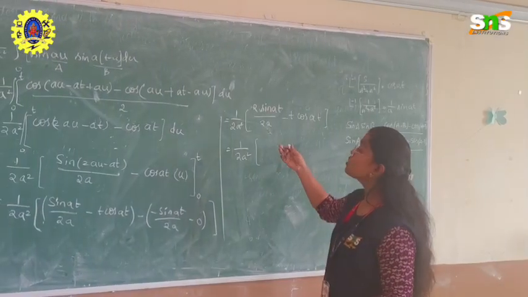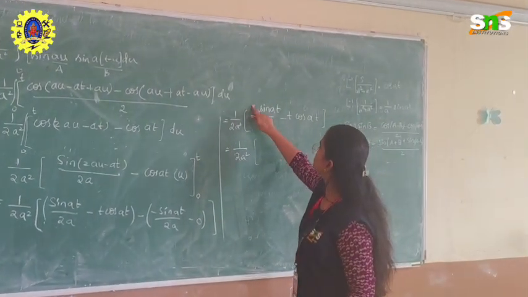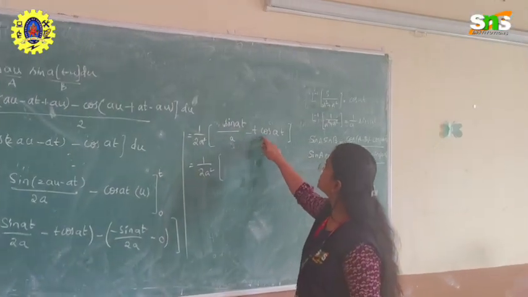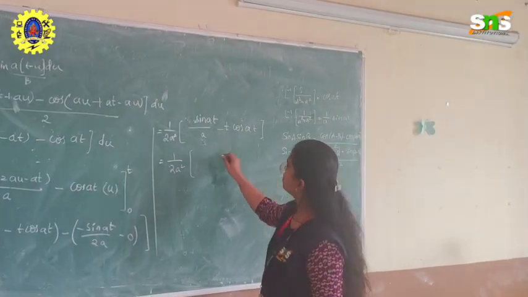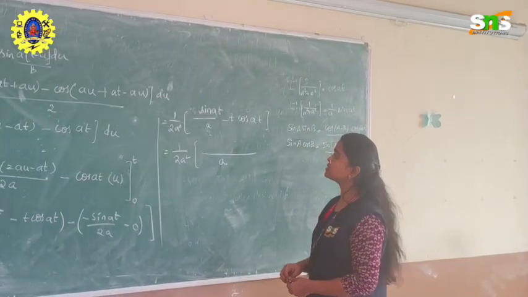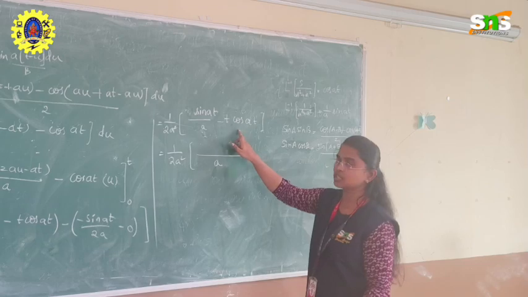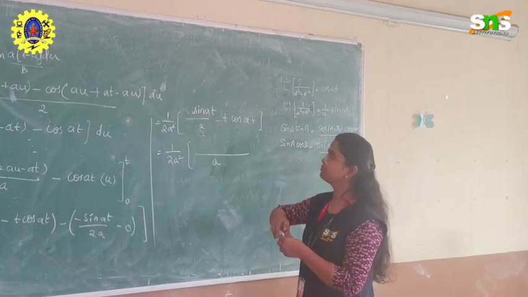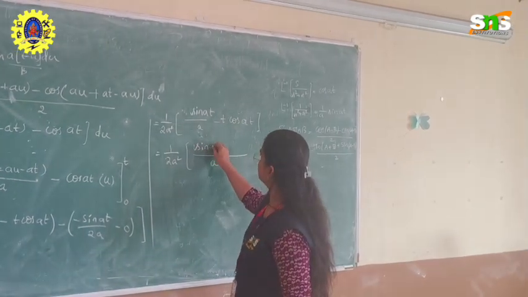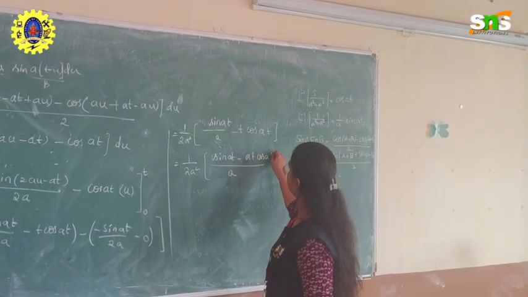So what I'll get, I can also cancel this 2, right? So what I'll get is sin at by a, and the denominator a. So sin at minus at cos at.